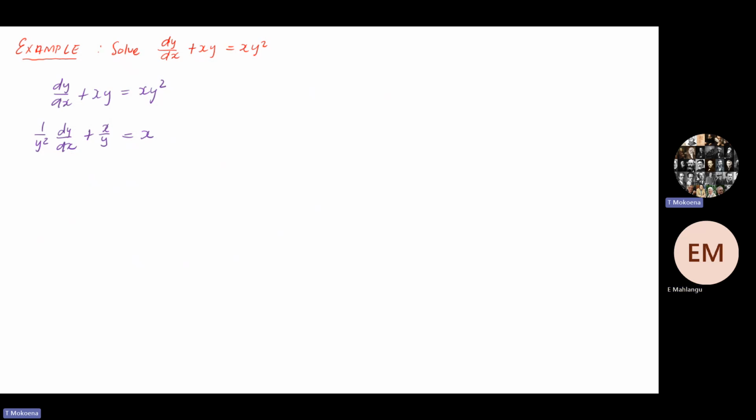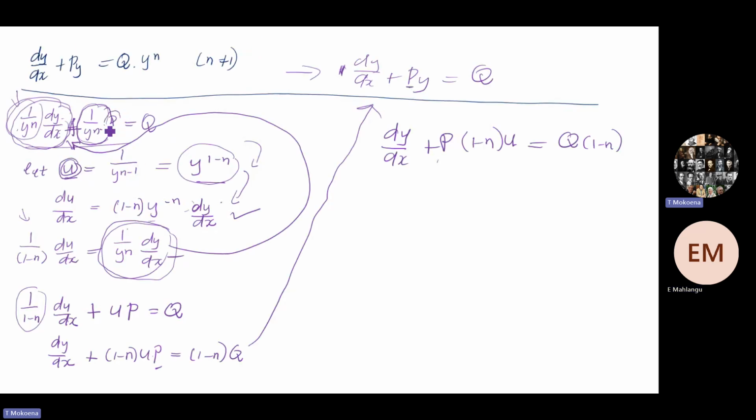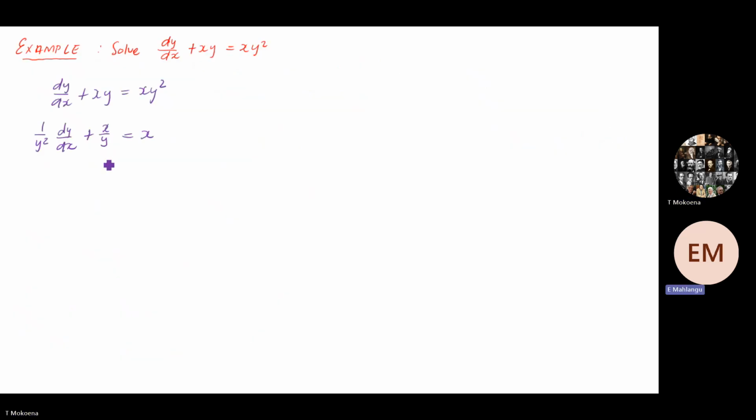Now, what is the second step? Just like how I showed you, what are we going to let? The coefficient. If you still remember from the basics, we said we let u be equal to the thing that has y. Let me rewrite it.